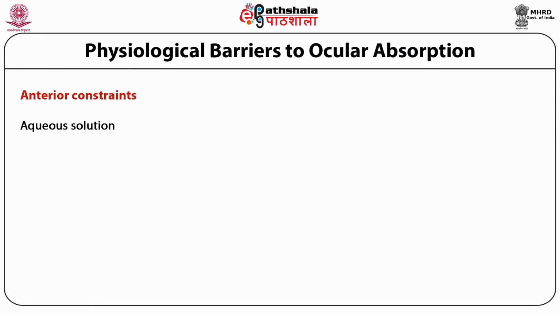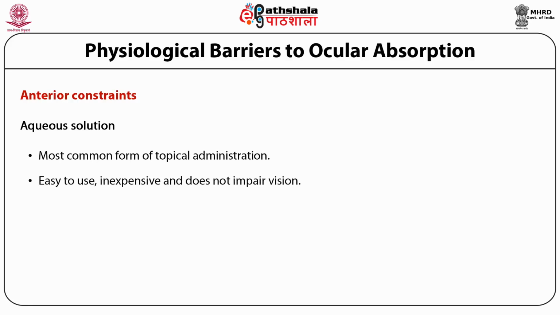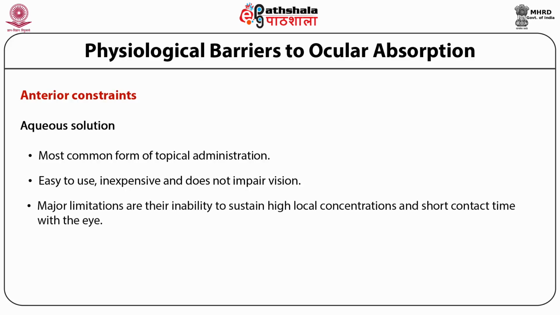Amongst the various conventional ocular dosage forms, the most common are the aqueous solutions. These are easy to use, inexpensive, and do not impair vision, which becomes their biggest strength. The major limitations, however, are their inability to sustain high local concentrations and short contact time within the eye tissue.